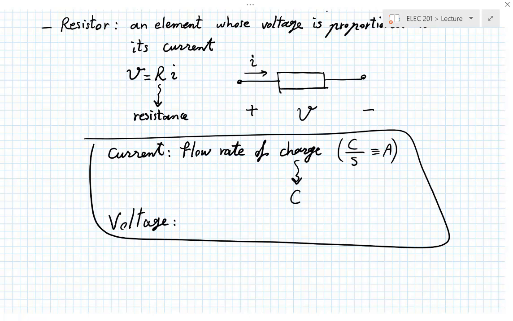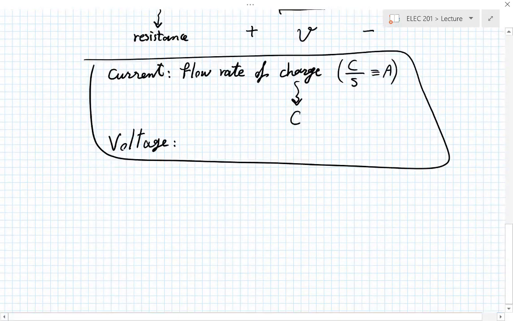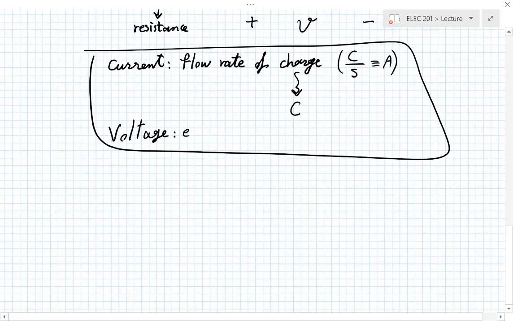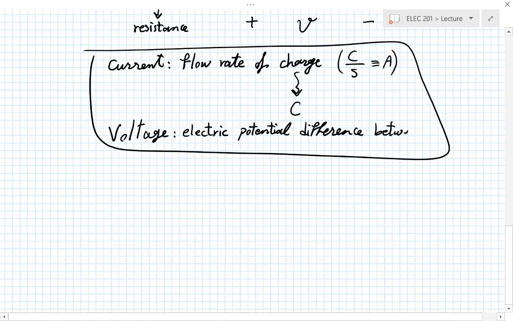Voltage is the potential difference between the two ends of an element, okay, or between 2 points in a circuit. So electric potential difference between 2 points.